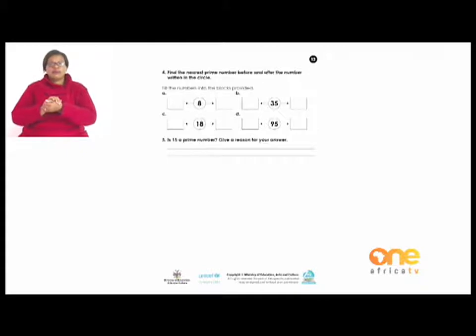So it's not that we are looking for odd numbers here, we are looking for prime numbers. So just be vigilant on that one. Now that I've given you an idea on how to do A, I'm sure you'll be able to do the rest. So for B, you do for 35, C you do for 18, and then D you do for 95.